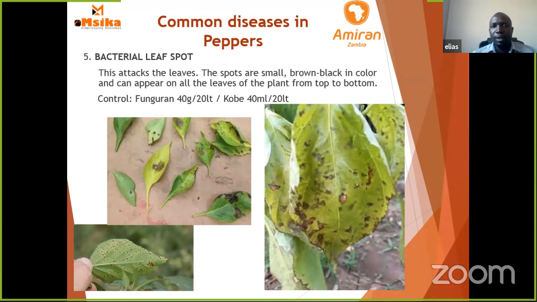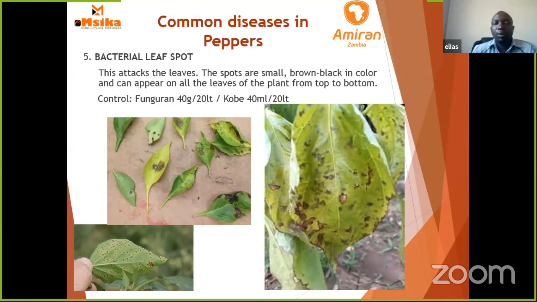Within the chemicals that can be used, we have Funguran, which can be used at a rate of 40 grams per 20 liters of water. The same Funguran is also stocked in a liquid form. We call it COP 180, and that one can be used at a rate of 35 mils in 10 liters of water.